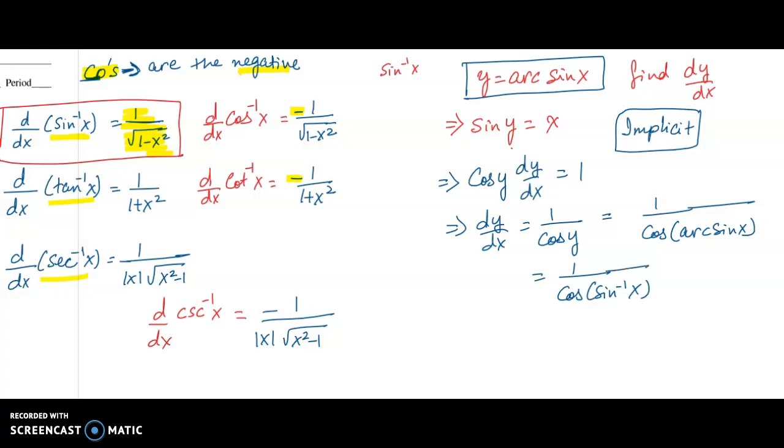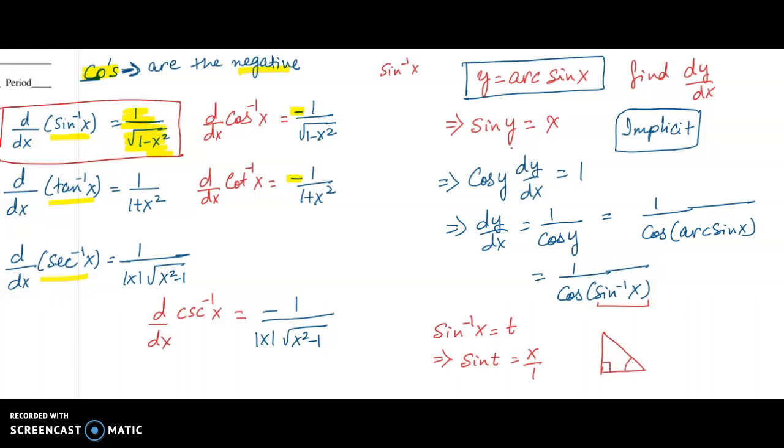Now, from here, let's plug sine inverse x as t. If I put sine inverse x as t, I can say that sine t is nothing but x, or x over 1, isn't it?